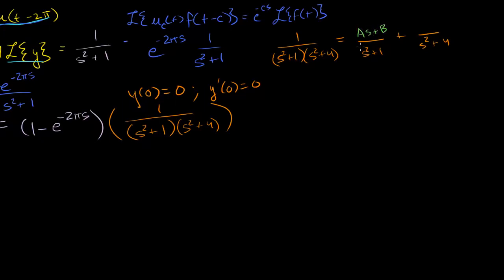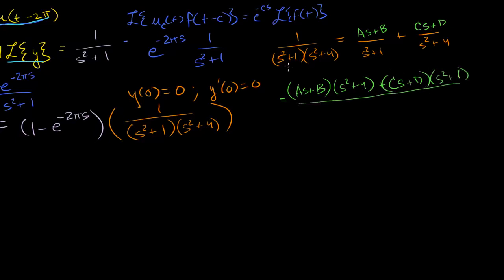It's going to have degree 1, because this is degree 2 here. And then we'd have cs plus d. And so when you add these two things up, you get as plus b times s squared plus 4, plus cs plus d times s squared plus 1, all of that over the common denominator, right?